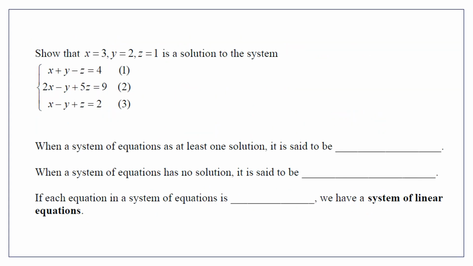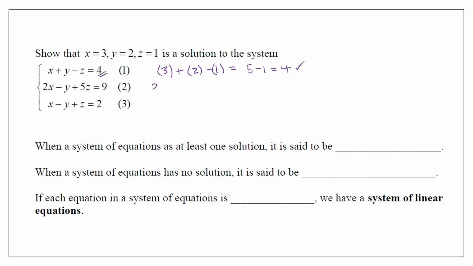So now we're going to show that x equals 3, y equals 2, and z equals 1 is a solution to the system. So substituting in 3, substituting in 2, and substituting in 1. All right, we will get 5 minus 1, which is 4, so that is the same.